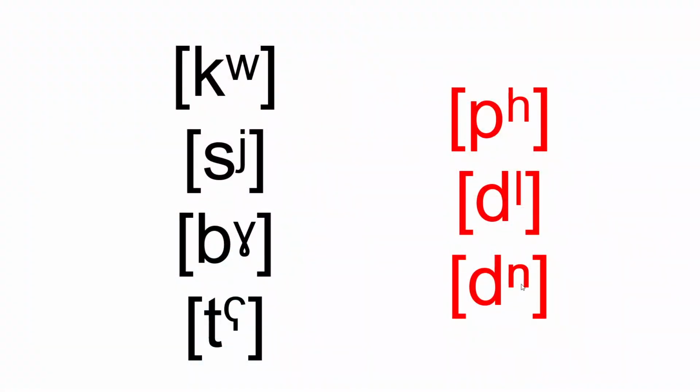Now, the IPA actually gives us four symbols for secondary articulations, and they are symbolized as we see on the left here. Superscript W for labialized, superscript J for palatalized.